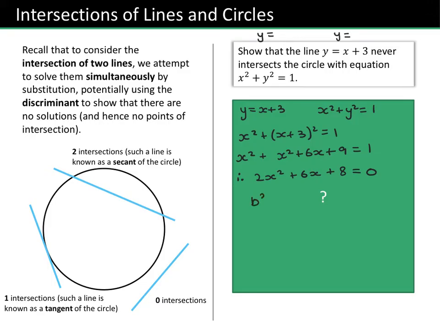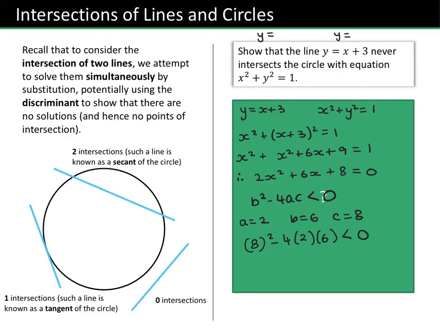We need to prove that b squared minus 4ac is less than 0, because this would mean it doesn't intersect. So we know our a equals 2, b equals 6, and c equals 8. So we're going to have 8 squared minus 4 lots of 2 lots of 6. We need to prove this is less than 0.